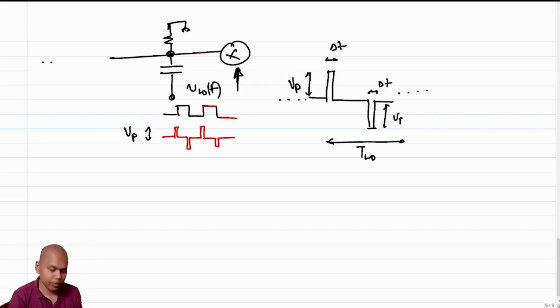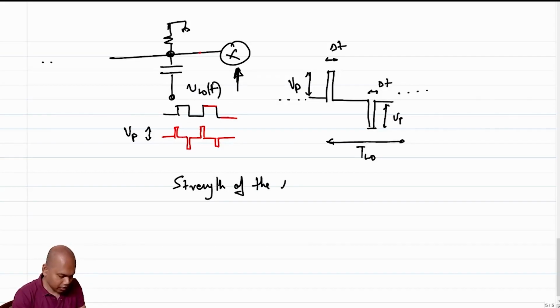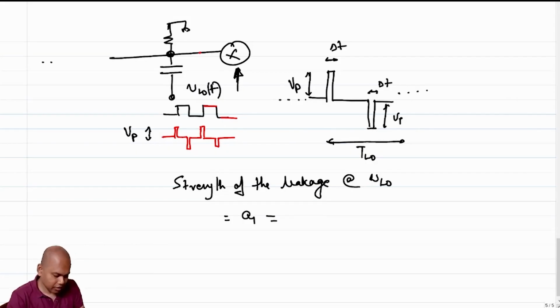Again, the Fourier will be our savior. So basically we are trying to find out A1, that is the strength of the leakage at omega LO equal to A1.